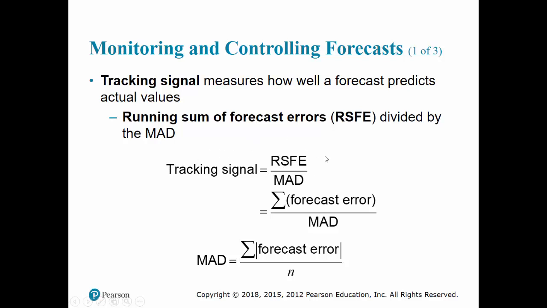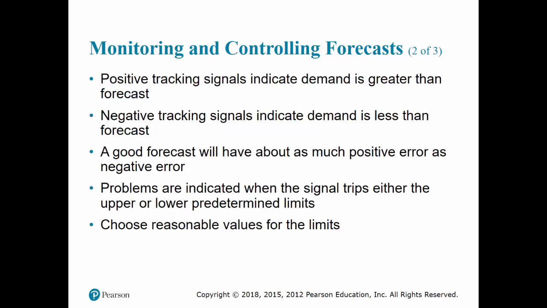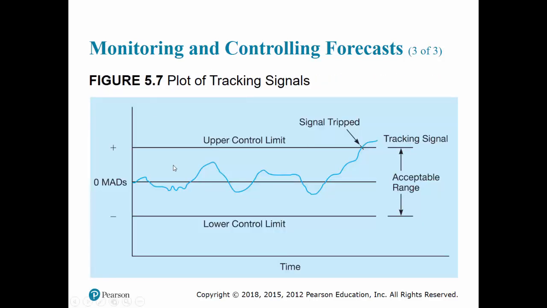That is called a tracking signal. The running sum of forecast error takes care of the bias. It is not a running sum of absolute error, but a running sum of forecast error, so positives and negatives. It will go up and down, sometimes negative, sometimes positive. Then you divide by the MAD, so it keeps it in a unit-free measure. If it has too many negative errors or too many positive errors, it will slowly drift back and forth.